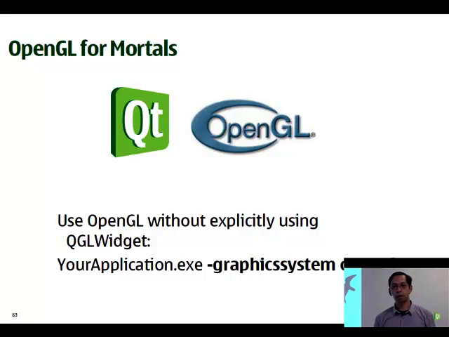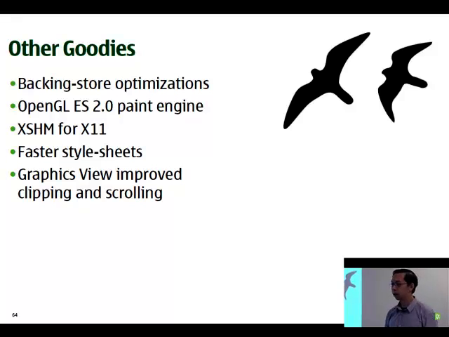And there are also some other improvements in 4.5, like backing store is much faster, so you will see less and less flickering. And we have a new OpenGL ES2 paint engine, which is useful for embedded devices. And for X11, we improved the paint engine performance by using the shared memory extensions if the X server supports it.